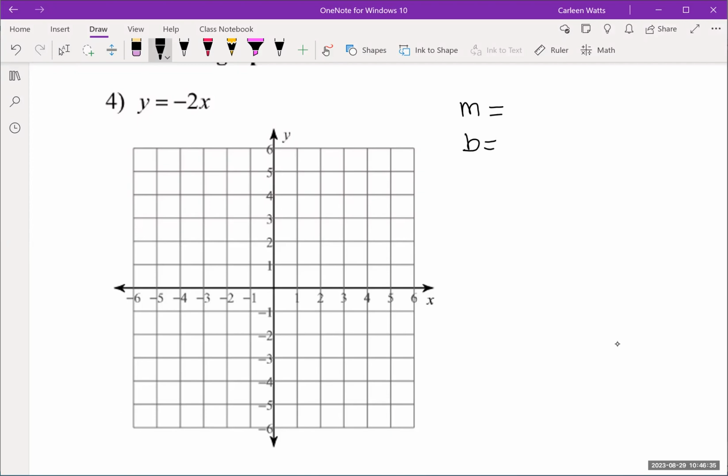Okay, I can pull the slope and the y-intercept from this equation. Now I could also make a table, but we'll look at that later. Can you tell me what the slope is of this line?